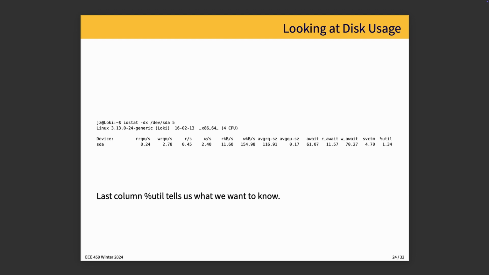In this case, /dev/sda represents the first hard drive device in the machine, and it tells you a whole bunch of stats, but the one that I'm actually interested in here is %util, and in this example, %util is 1.34, which obviously isn't a lot, and we know this isn't the limiting factor for our system. If we saw 100%, we would know the disk utilization is at its maximum, and that would be an obvious indicator that it's a limiting factor.